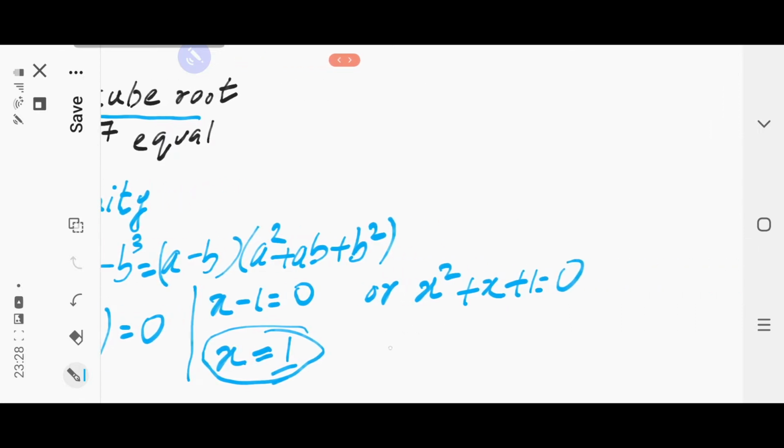When you solve the other equation by the quadratic formula, x is equal to minus b plus or minus root of b square minus 4ac, the whole divided by 2a.